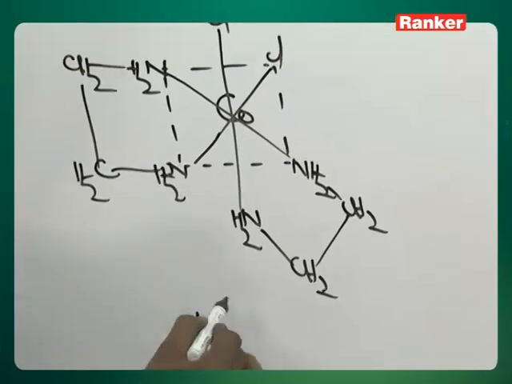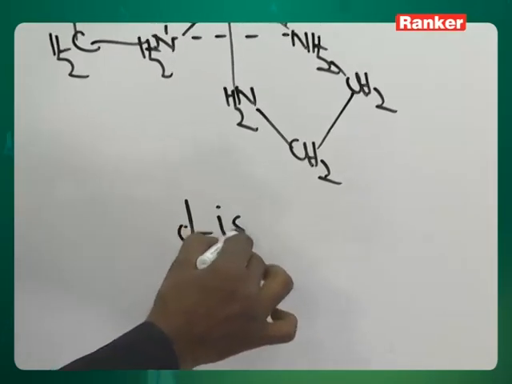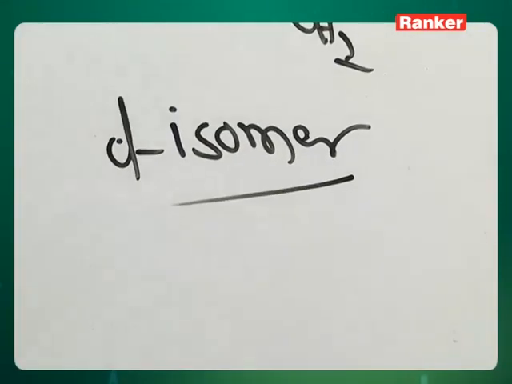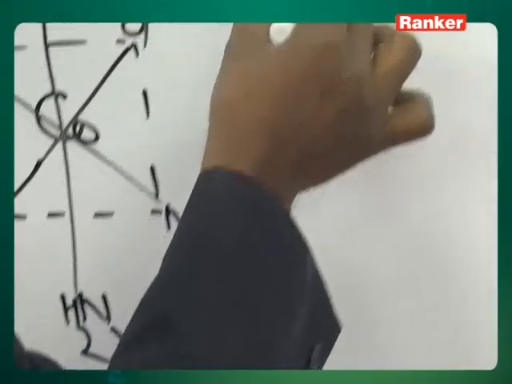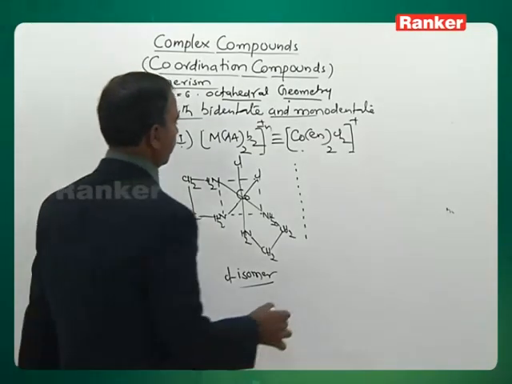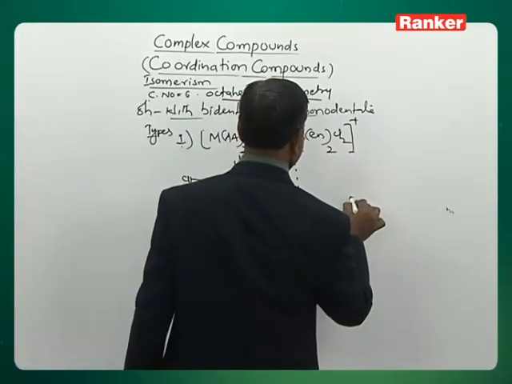Take this as D isomer. So this is optically active, put the mirror plane, and take this next as L isomer.